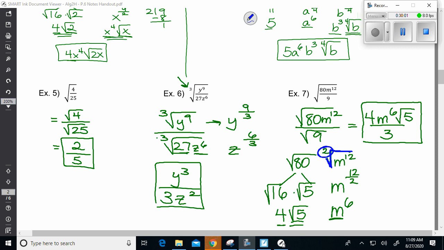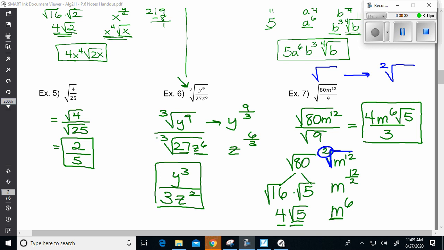So, and this is very, very important. If you see a square root, that's the same thing as having the index of 2. The index of 2 is never going to be written. You have to know that that's an index of 2. That's something you have to commit to your memory banks. Good question. Make sure that's something that you keep an eye out for.